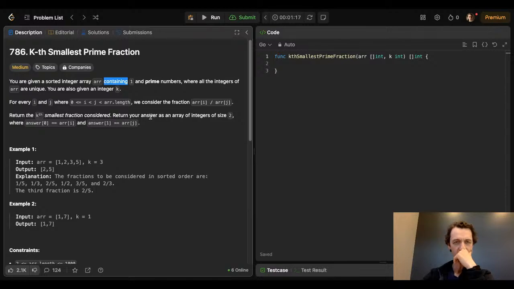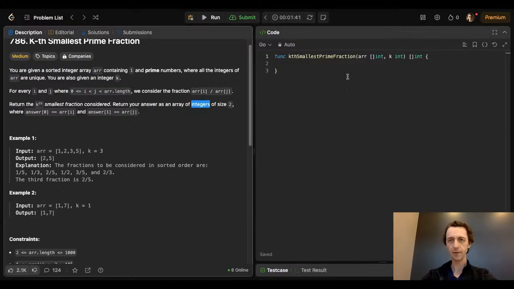Return your answer as an array of integers of size 2, where answer 0 is array i and answer 1 is array j. So we need to return those two numbers, the kth smallest fraction considered.